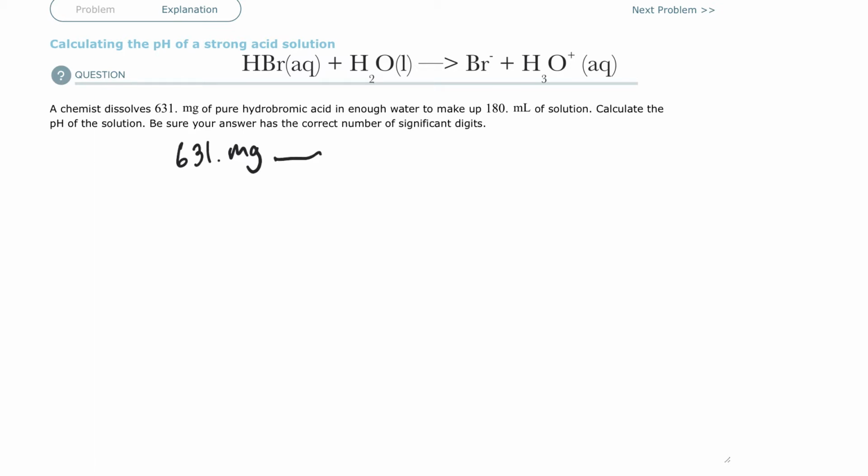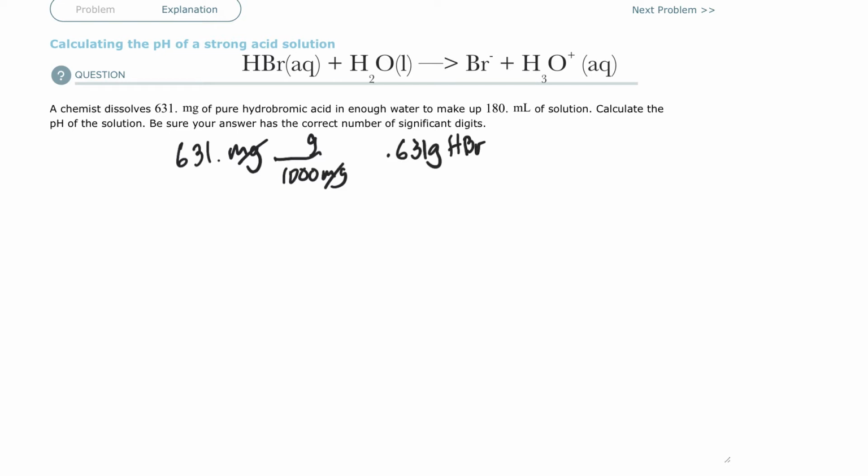I know that there are 1,000 milligrams in a gram. Milligrams cancel. That means it's going to be 0.631 grams of HBr.